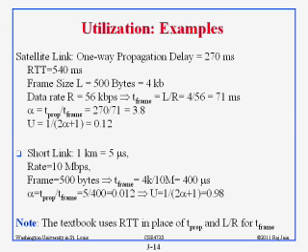So satellite link takes a long time. The light itself takes 270 milliseconds one way, quarter of a second, to get to the satellite. So round trip delay is 540 milliseconds. Now if you send a packet which is 500 bytes long, multiply this by 8 to get 4 kilobits.